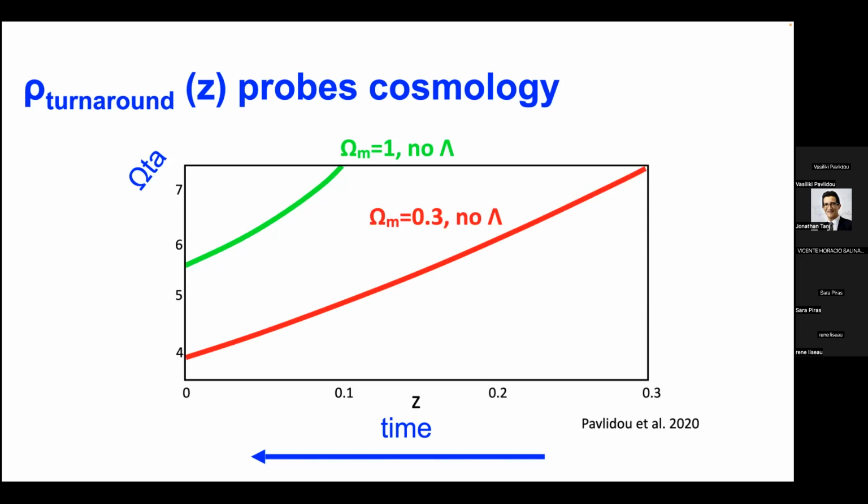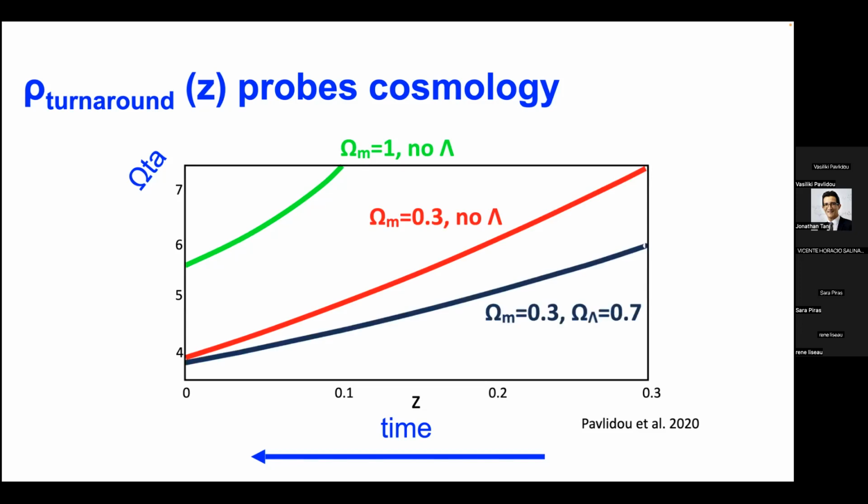Now, the red cosmology starts lower because remember, omega turnaround today speaks to omega matter today. Okay? Because we have omega matter 0.3 in the open universe without lambda, you start at 4 and then you rise, but you rise more slowly than if you had more matter.